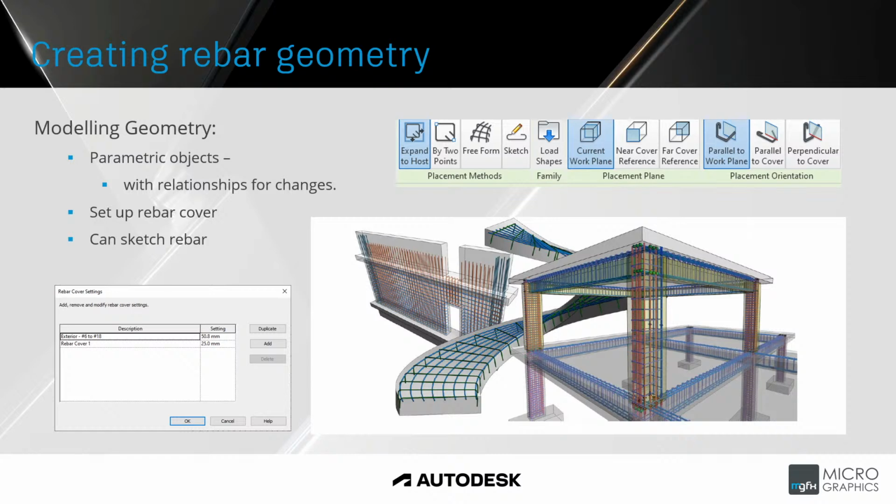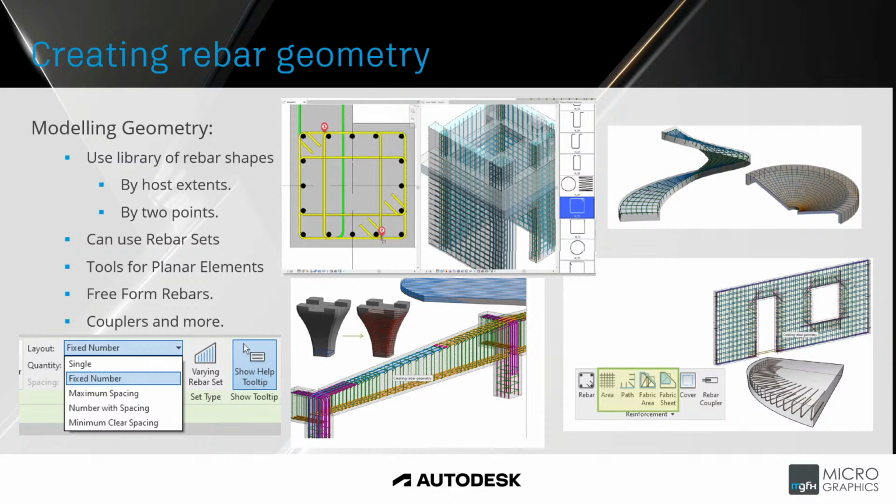Alright, so this is quite a busy slide, but what I want to just stress here is that when you're modeling these rebar geometry, you've got a lot of tools to actually do it. I did talk about the sketching, but the first one in the middle there at the top with the yellow bars, there are two main ways to place rebar.